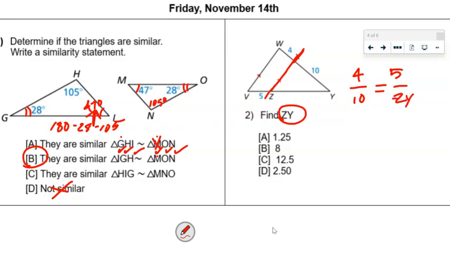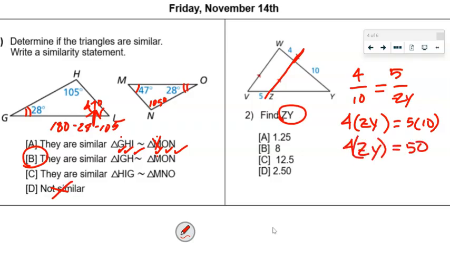You could make that side x if you wanted to, so 4 times zy is equal to 5 times 10. So that's going to be 4 zy is equal to 50. And then we're going to divide both sides by 4 here. So zy was equal to, what was it, 12.5? Yep, 12.5.